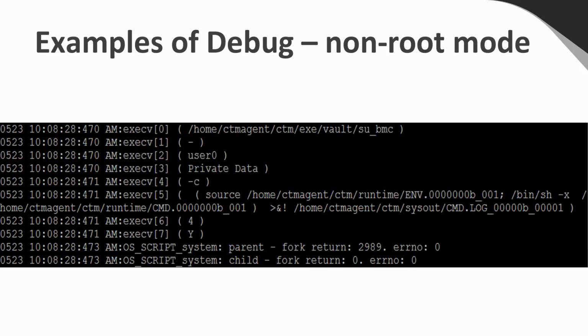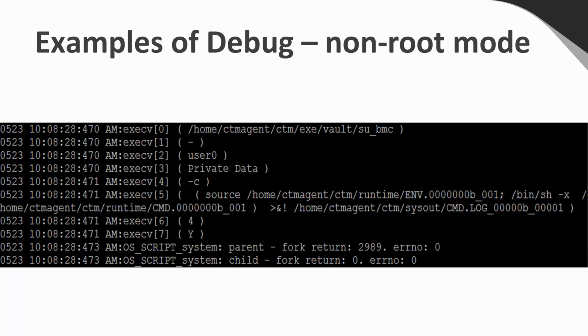You'll see here, and this relates back to the earlier slides with the details, this is how a non-root mode execution gets built. We can see in the 0 of the array, we can see the full path to the SUBMC, and then -user 0. The private data represents the encrypted password, -C for the command, and then here is what I referred to as the wrapper.